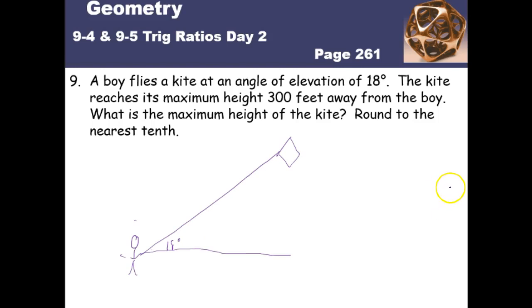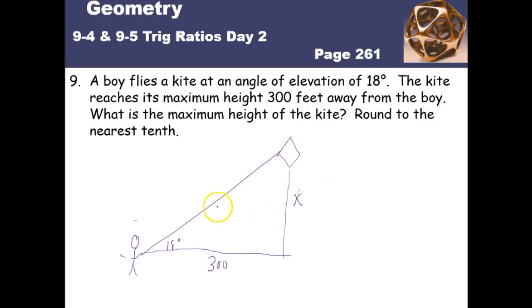And the kite reaches its maximum height, 300 feet away from the boy. So this distance right here is 300 feet. And we want to know how high the kite is, so that would be this distance right here.